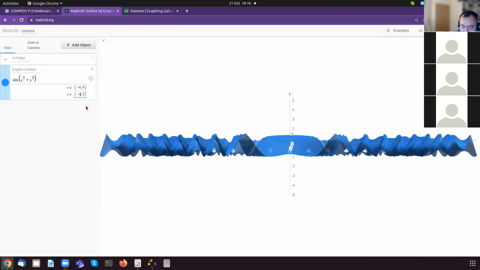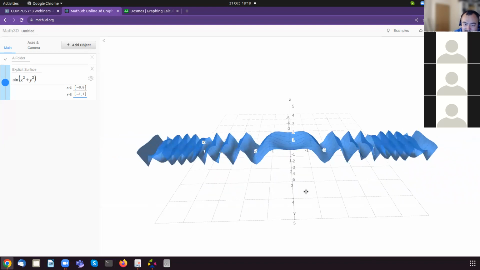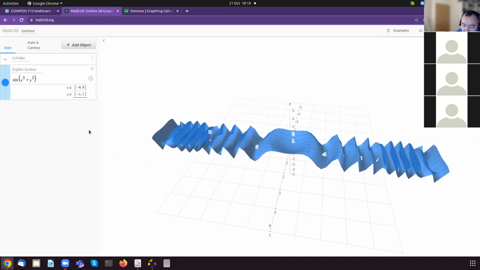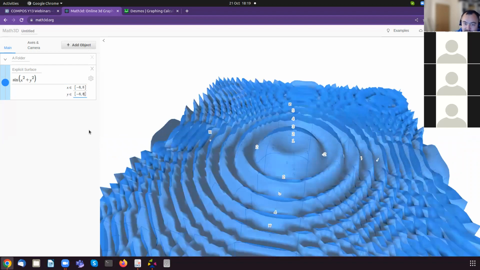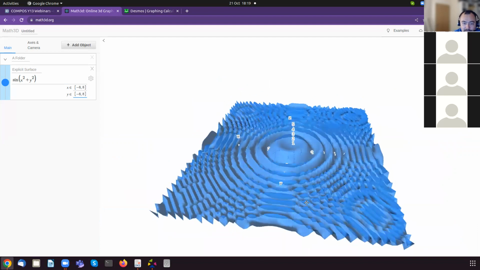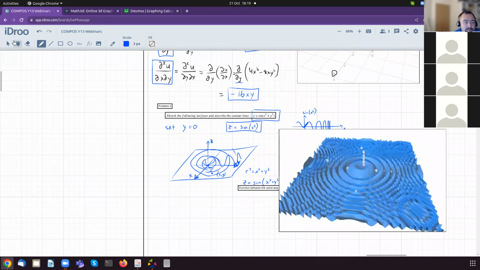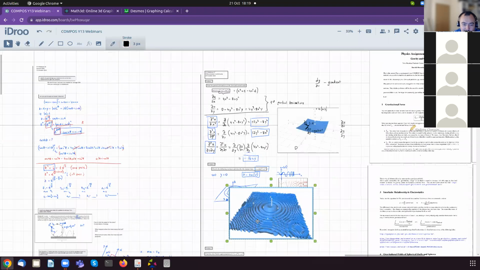I'll just limit this to -1 to 1. And you can see the same shape. Yeah, middle, bam, bam, bam, bam, bam. And that's in the x direction. And then just change this to from -8 to 8. And you get the surface. Which I think is pretty cool.